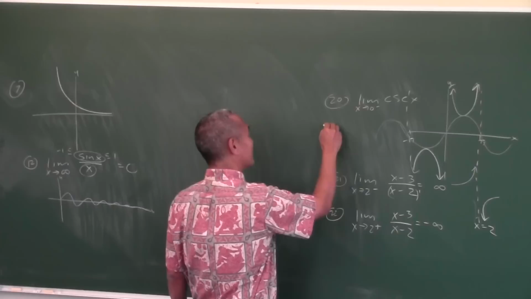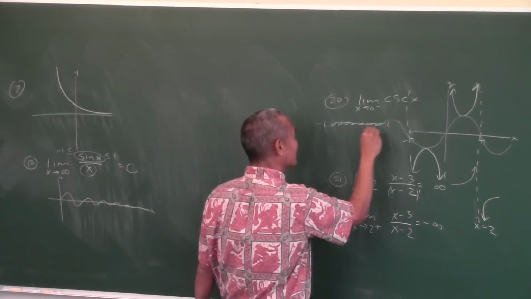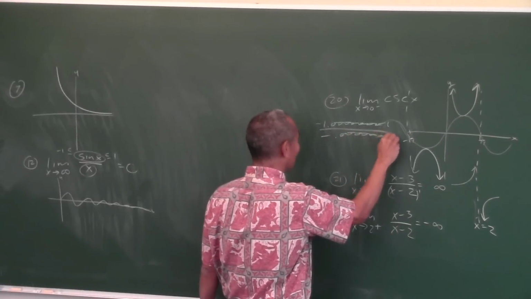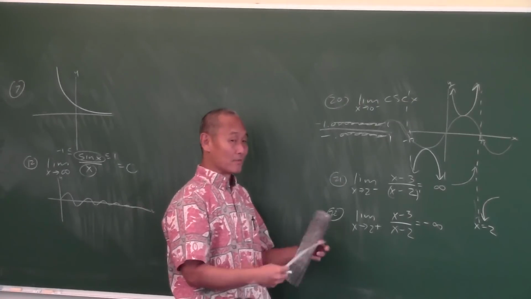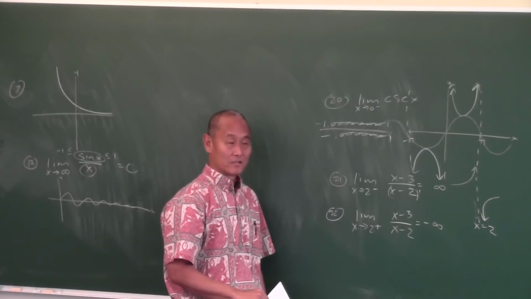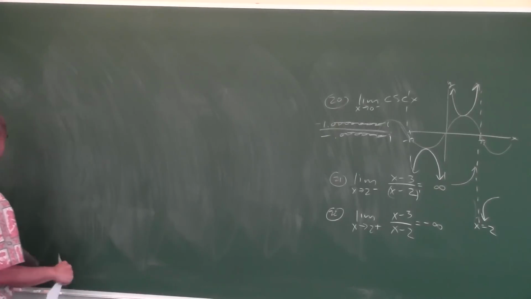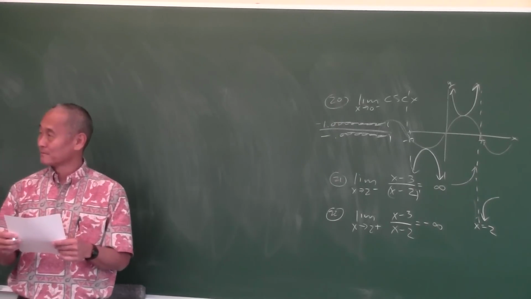So what happens when you divide negative 1.0000001 by negative 0.00001? You get a really huge positive number, so the limit is infinity, right? So even if you don't know anything, you can figure it out just by plugging in something. But of course, we don't want to resort to that.